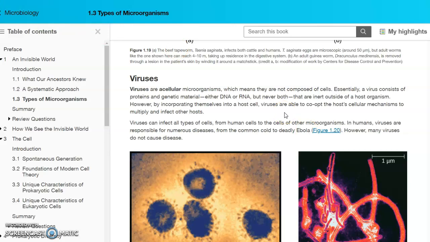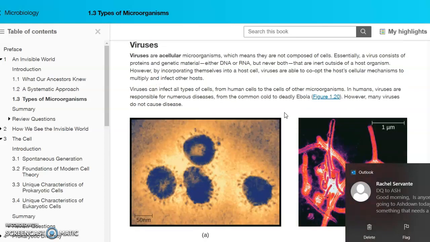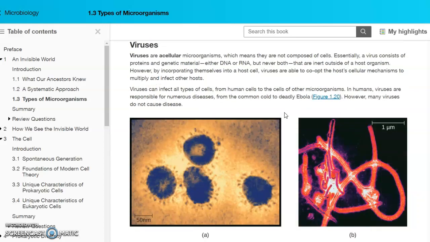And viruses must infect a host cell. They can't metabolize unless they first take over host cell machinery. There are a lot of different viruses out there. We, of course, restrict our study to the ones that cause disease, but there are a lot of non-pathogenic or non-disease causing viruses out there.